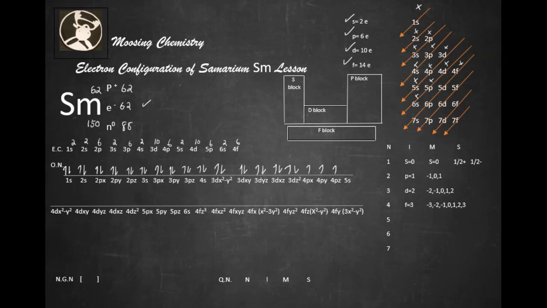I'm just going to keep on going until I run out of electrons. Remember that you have 62 electrons, which is what you get up there. Pretty simple.